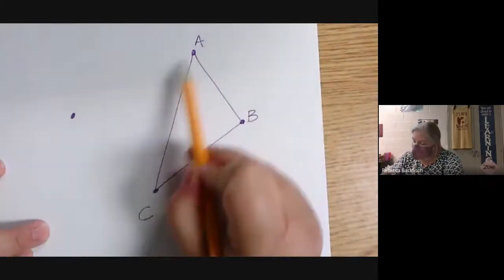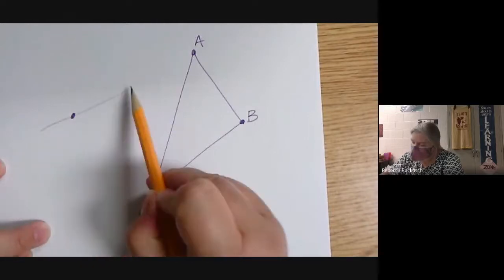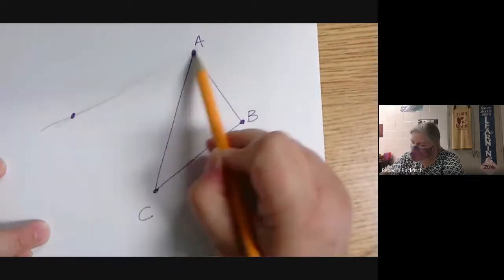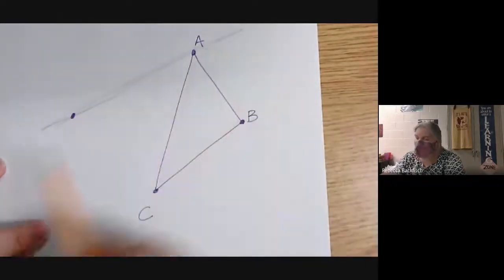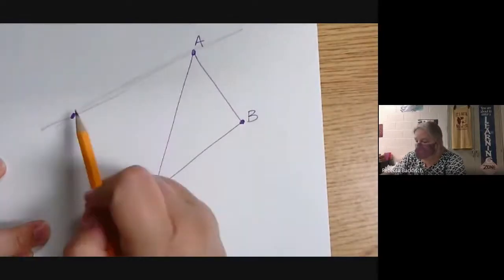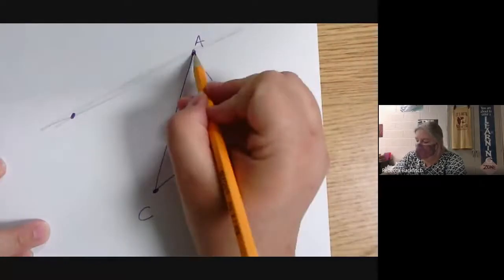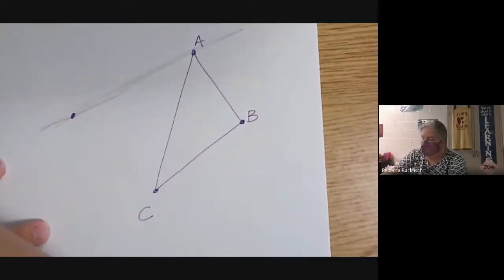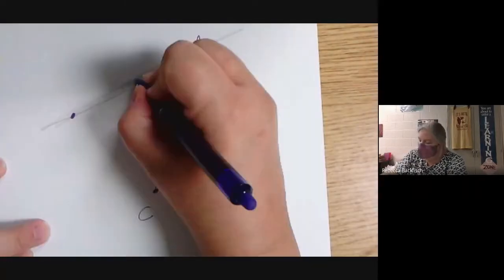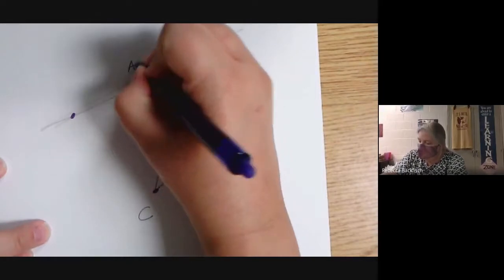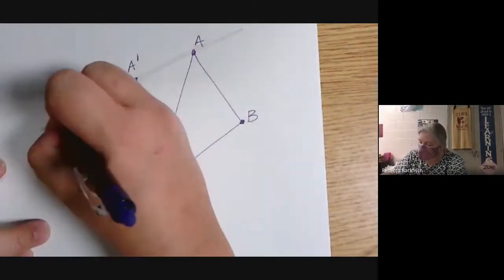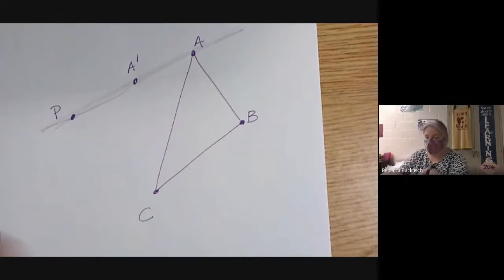So if I want to dilate point A, it's going to move along a line that goes from the center of dilation through A. And if it's a scale factor of 1/2, it's now going to be half as far from the center, let's call it P, as it was before.